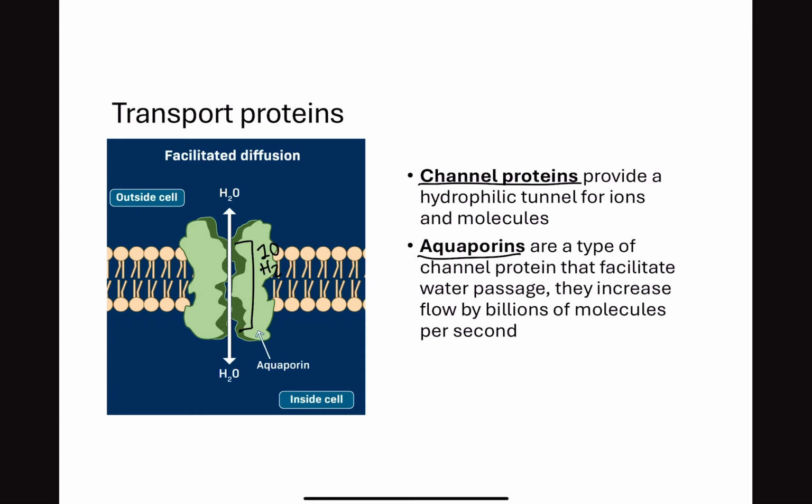By doing this, it allows 3 billion to pass per second. Think about the fact that if we didn't have aquaporins, only a really small fraction of water molecules could pass through the same area of the cell membrane in a second. So aquaporins greatly increase the rate of water movement.